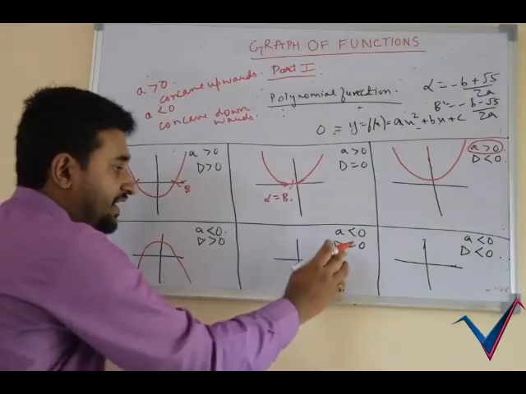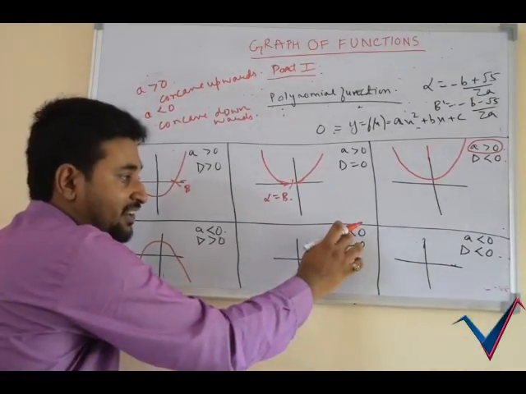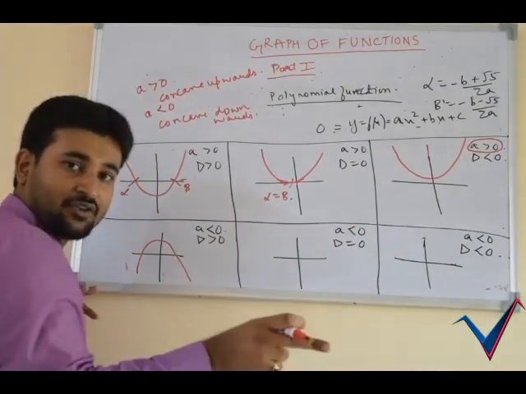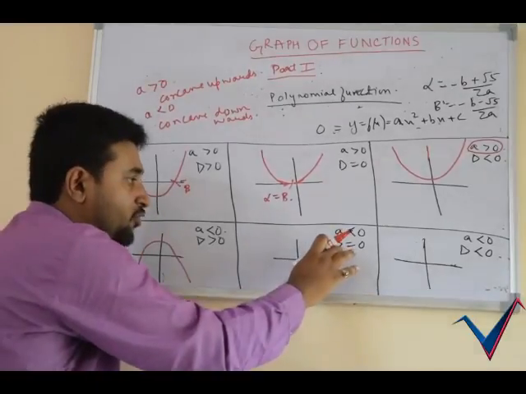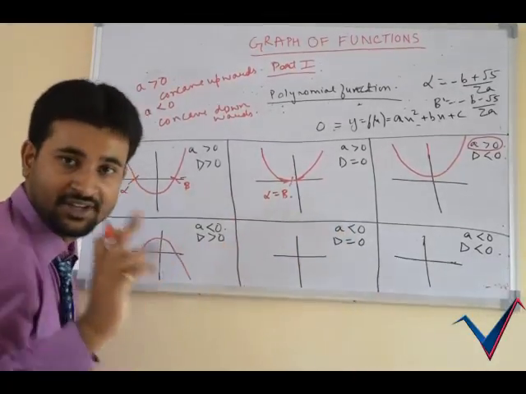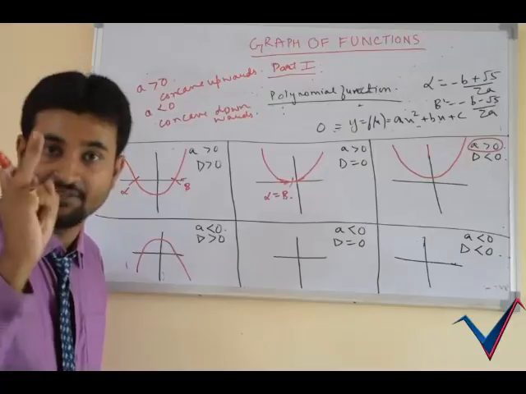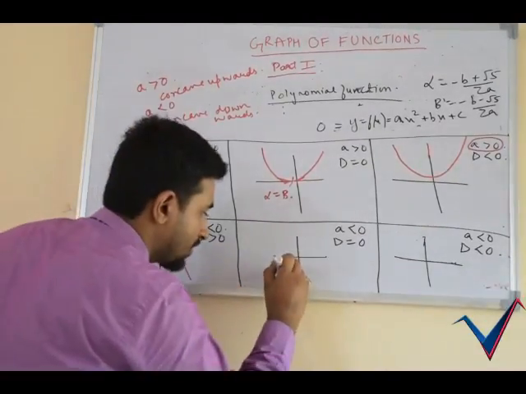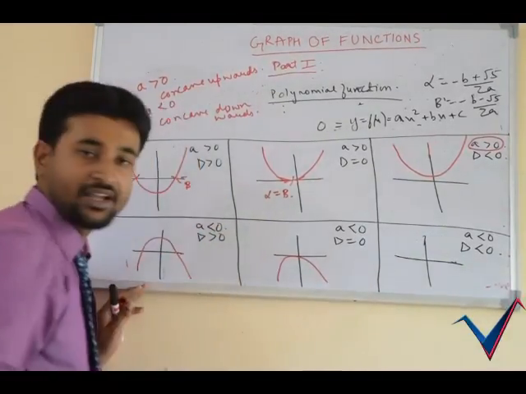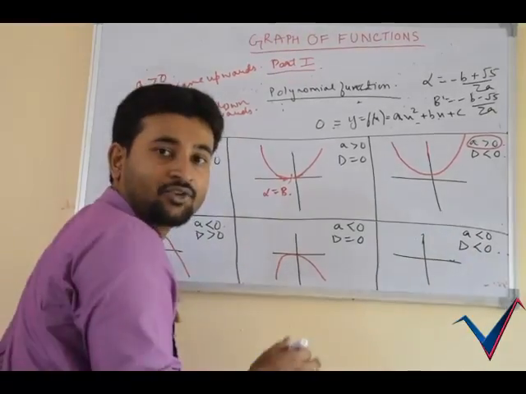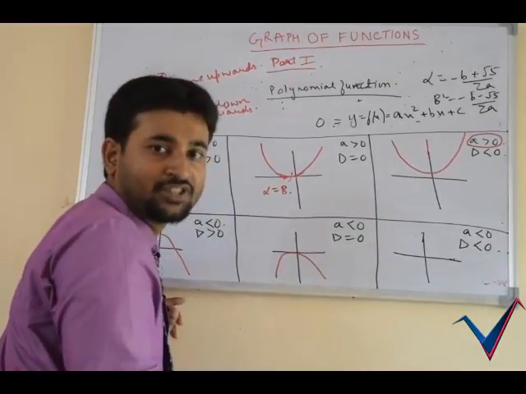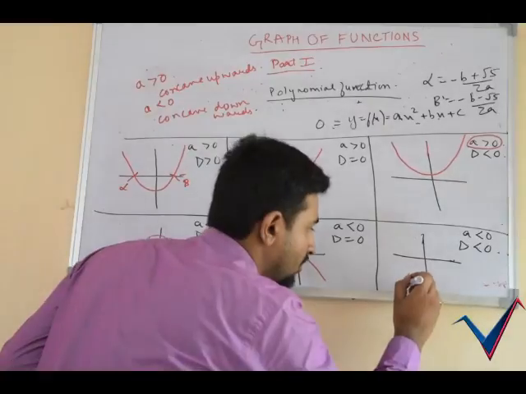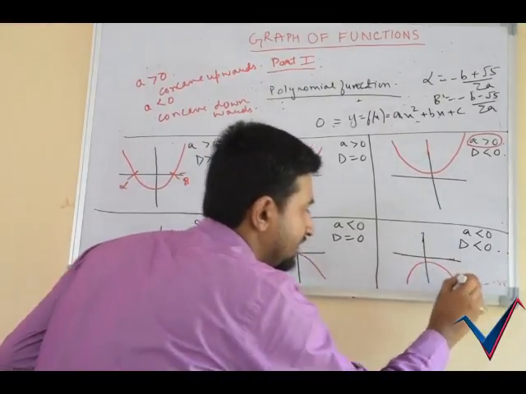If d is equal to 0 and a is less than 0, the graph will be concave downwards, and d equal to 0 means equal roots. That means it will cut the axis at one point only. So it will look like this. And here d is less than 0, so it won't cut the axis because the roots are not real. So it will look like this.